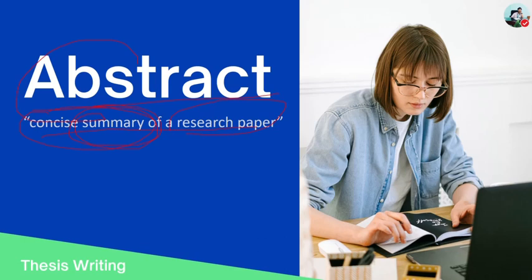I think you also encounter this if you want to cite some article and put it in your literature background. What you do is read the abstract first before reading the entire research paper. That's the importance of the abstract. It can also save time for the reader.